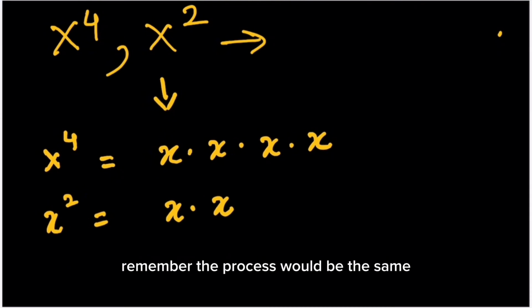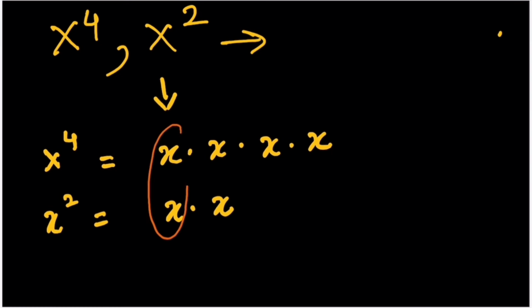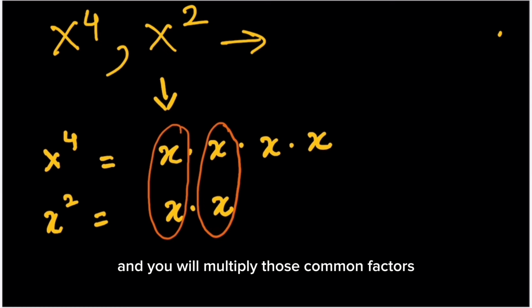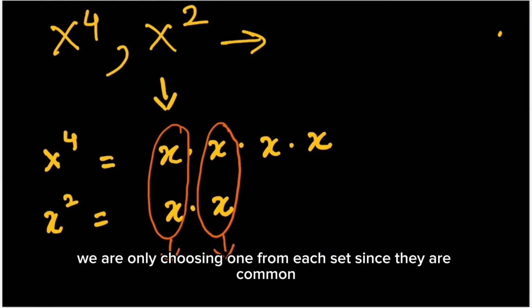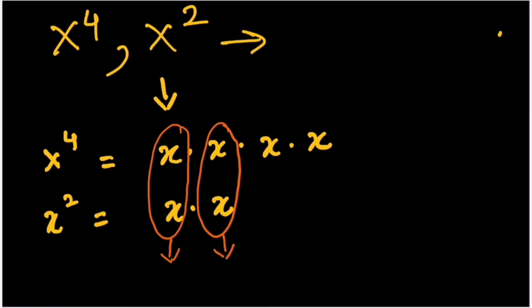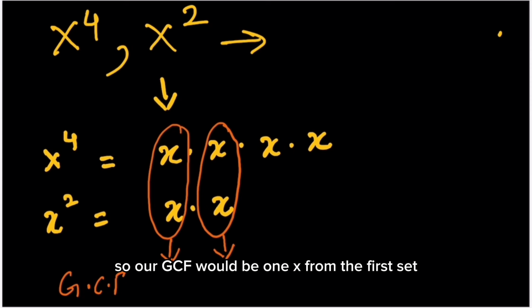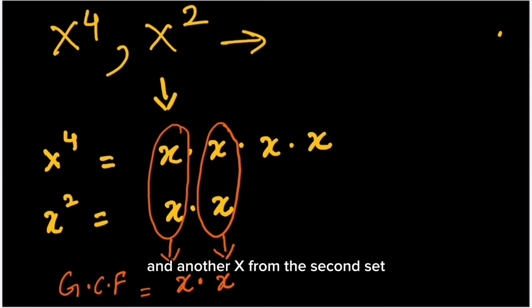Remember, the process would be the same. You will find the common factors and you will multiply those common factors. Remember, we are only choosing one from each set since they are common. So our GCF would be x from the first set and another x from the second set, which will give us x to the power of 2.